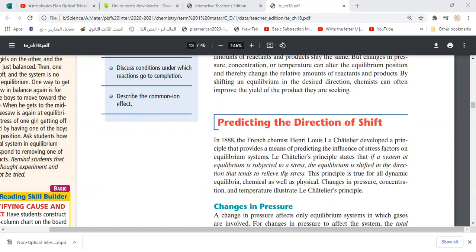The reaction will move faster in the direction which relieves this stress. That means if the forward reaction relieves or cancels this stress, the forward reaction will be faster than the reverse. If the reverse reaction is the one that relieves the stress, it will be faster. So let's take an example to understand how this works.